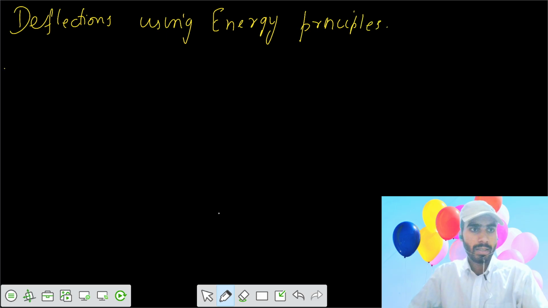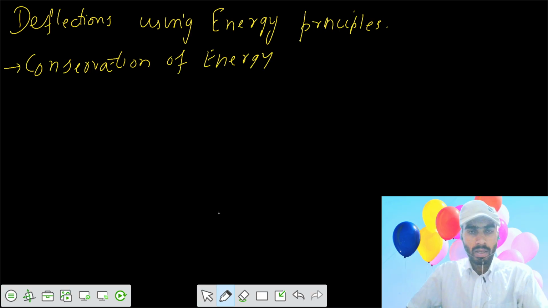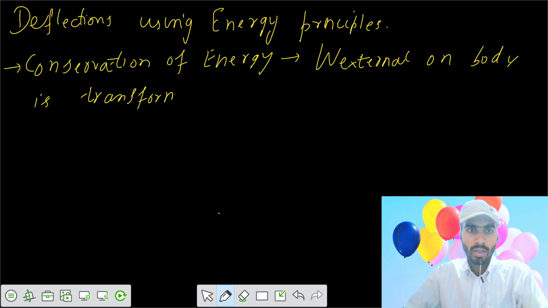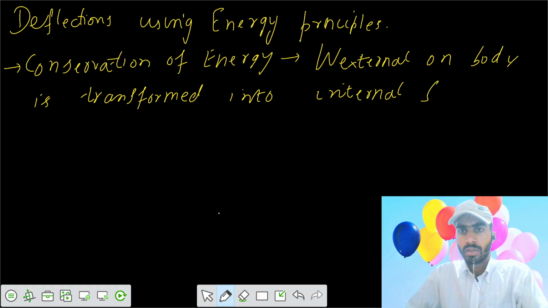The first one is the conservation of energy. When we say energy is conserved, we say that the external work done on the body, on the beam, on the structure, is 100% transformed into internal strain energy, the stored strain energy.